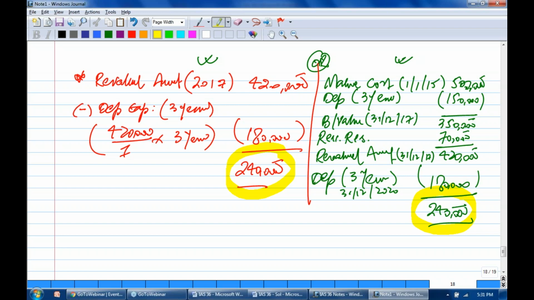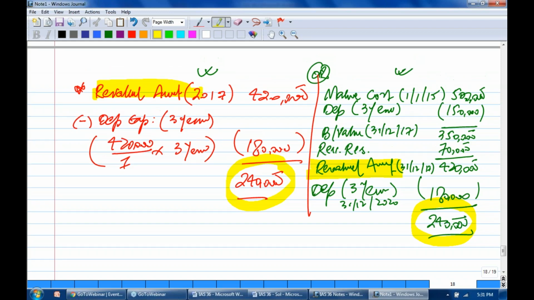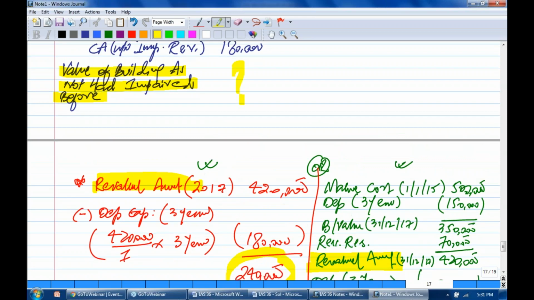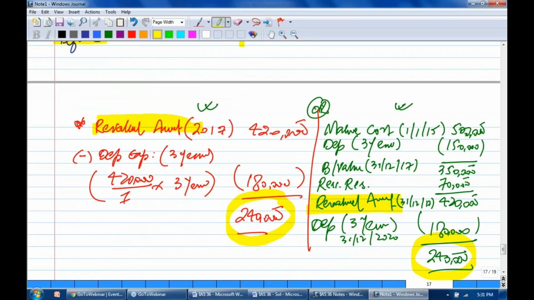And what mistake? This amount includes the aspect of the revaluation. If we put this amount here, then actually we are ignoring the amount of the revaluation, or we cannot reverse the value of the revaluation.